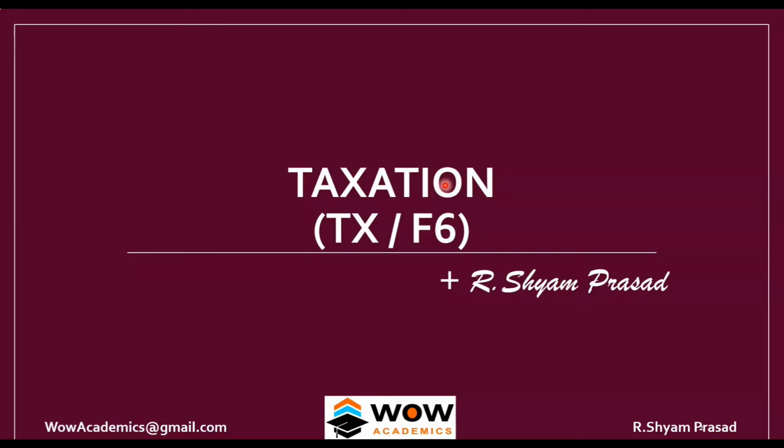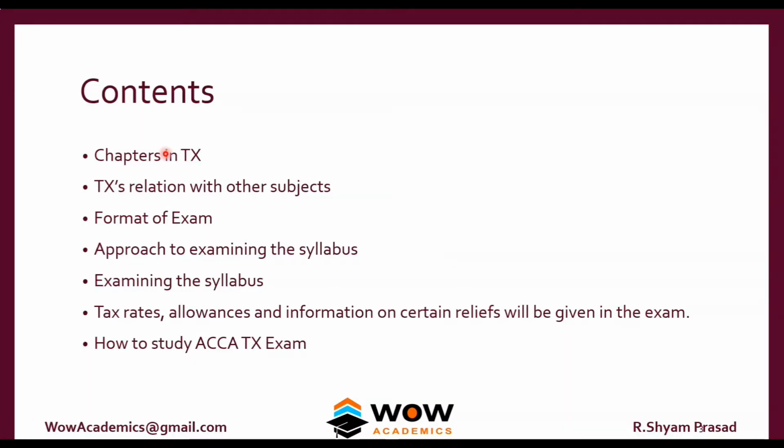In this video we are going to discuss the ACCA taxation paper, which is currently called TX. Earlier it was called the F6 paper. The things that we are going to see in this video are: what are the chapters in TX, what is the relationship between this subject and other subjects, what is the format of the exam, and what is the approach to examining the syllabus.